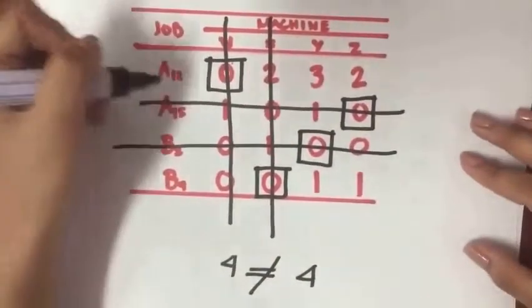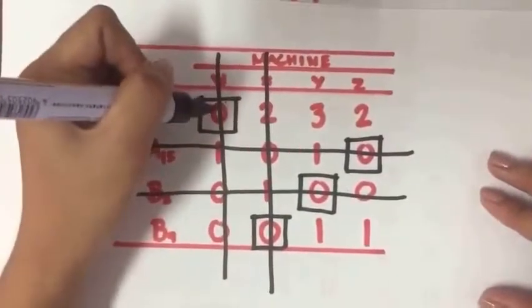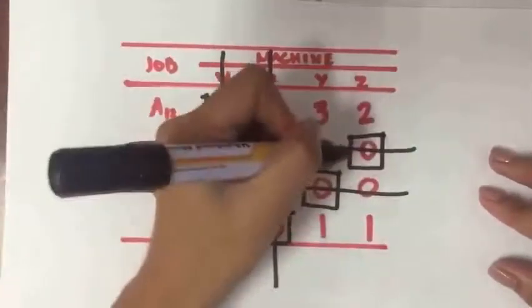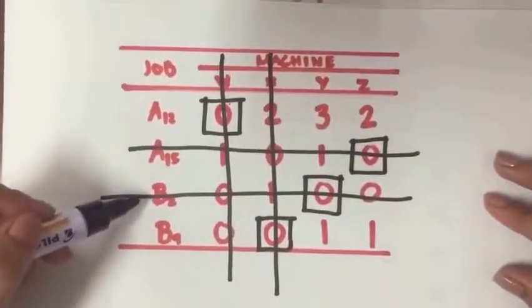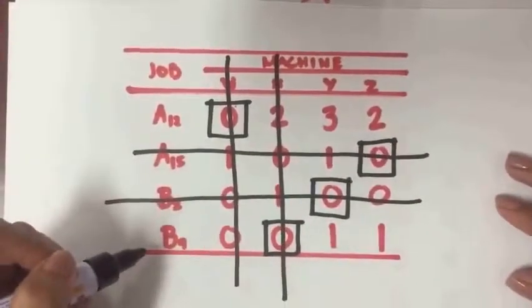This means that A12 job should be assigned to W machine, and A15 job should be assigned to Z machine, and B2 job should be assigned to Y machine, and for B9 we have X machine.